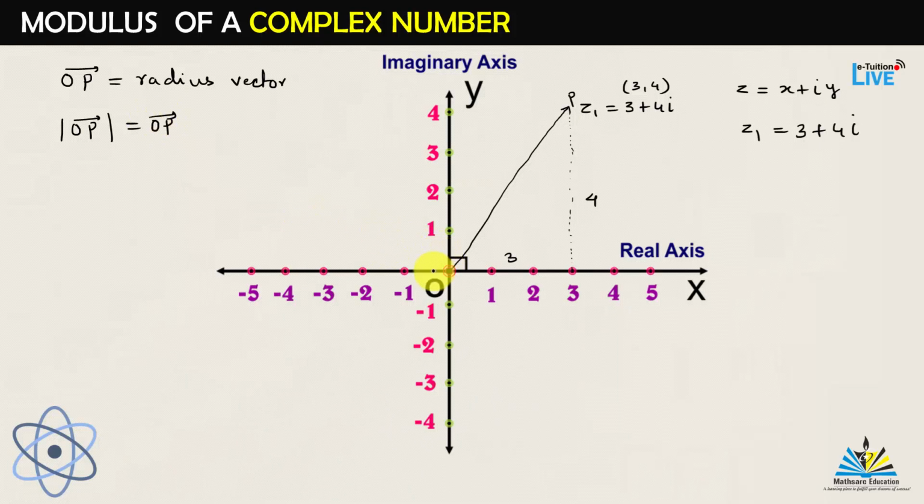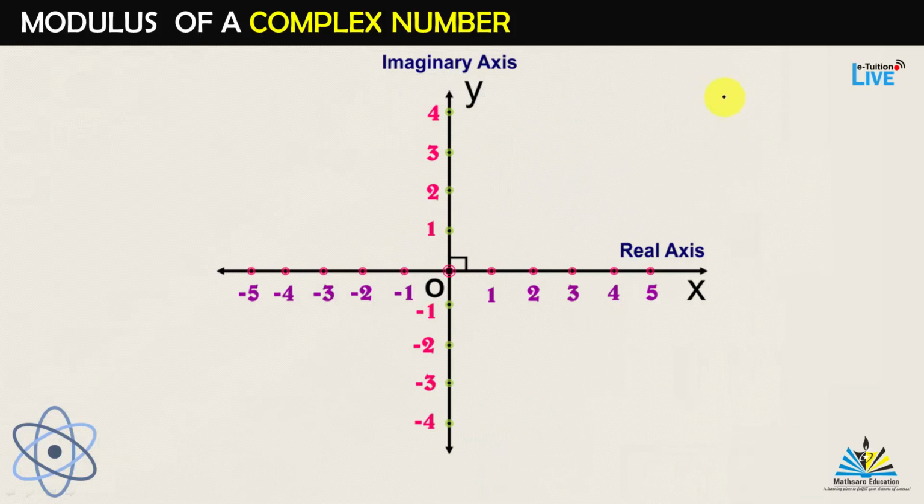The magnitude of this OP vector is, you can see from here, under root 3 square plus 4 square. So for this z1 it is under root 3 square plus 4 square, and this is equal to 5 in this case. Sometimes we also represent this by R.